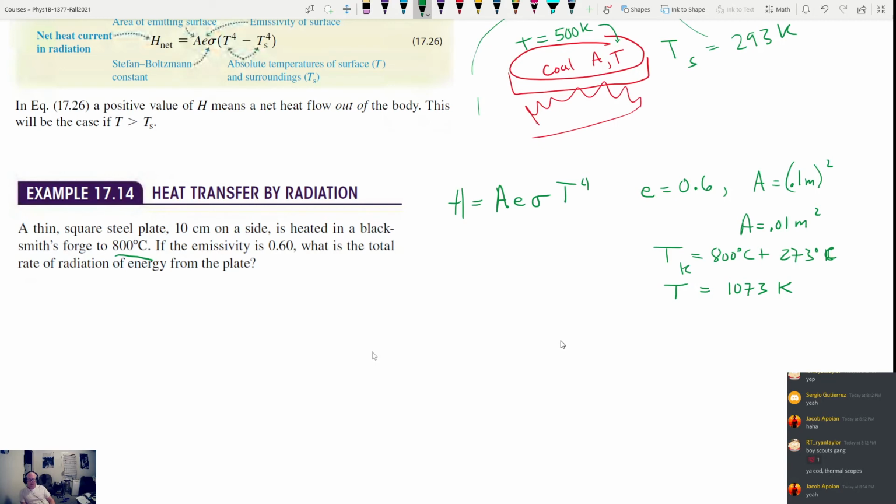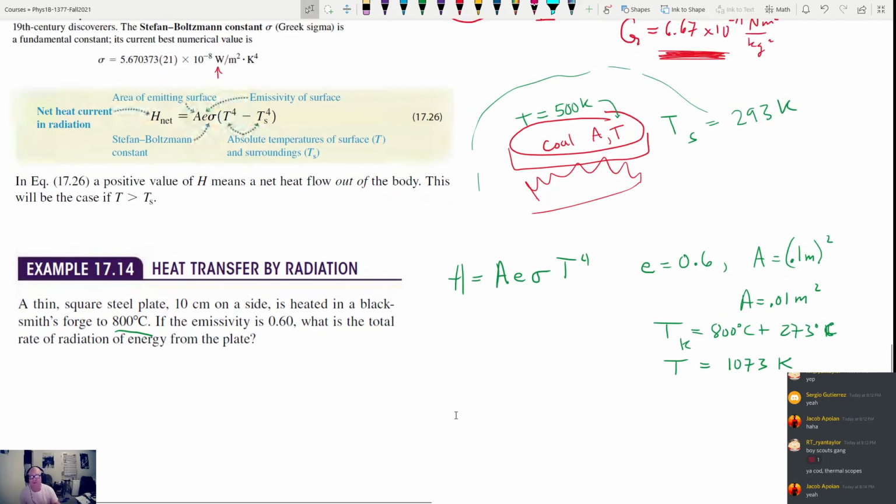And then I think that's all we need, right? And then we need sigma, which we can't see, so we'll scroll up just a little bit here. There's sigma. If we plug everything in, we get H is equal to A, which is 0.01 meters squared, multiplied by E, which was 0.6, multiplied by sigma, which we'll just write as 5.67 times 10 to the negative 8.